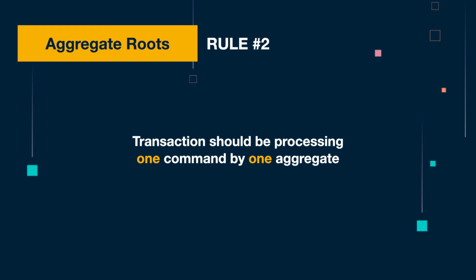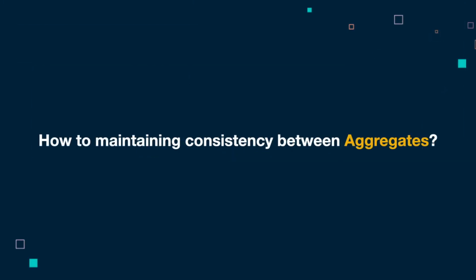We are going to avoid the temptation to modify two aggregates in a single transaction. In this case, the transaction can be guaranteed to fit within a service boundary and also fit the capabilities of NoSQL databases. And there is a question: how to maintain consistency between aggregates, while we have to avoid 2PC?